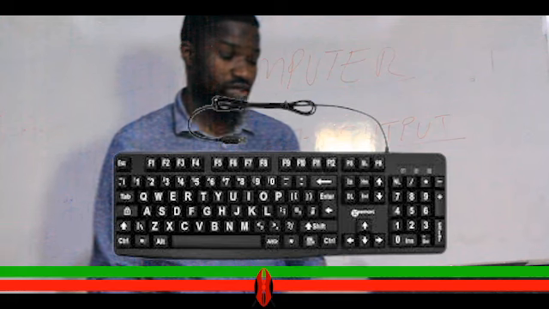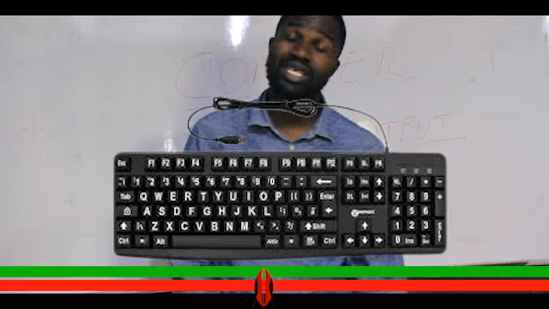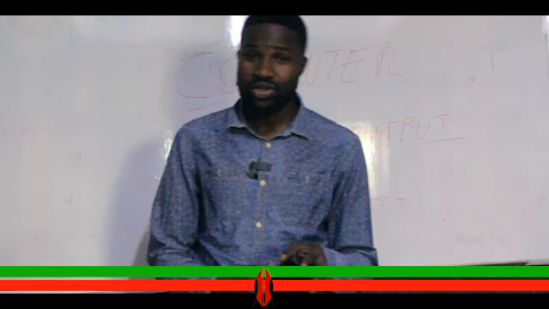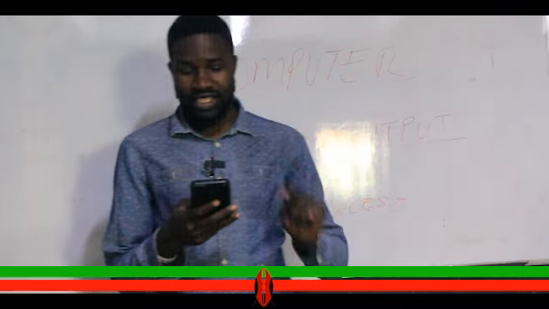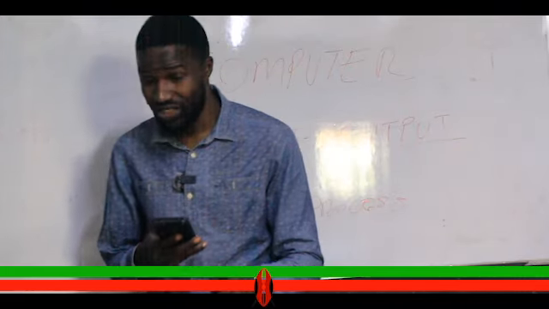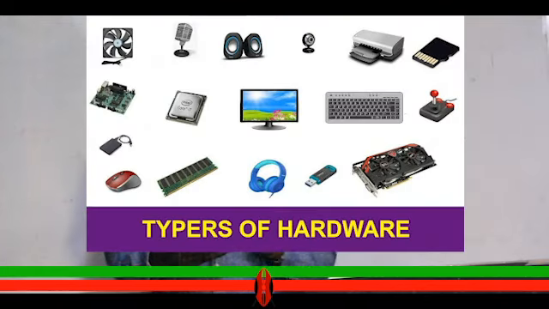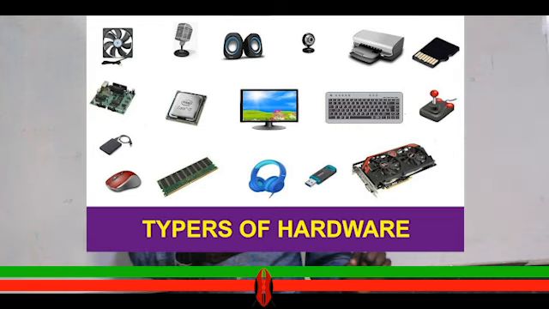The keyboard too is hardware because it is tangible. So, hardware: physical parts you can touch. There's no tough definition about hardware. Physical parts that you can touch in the computer are known as hardware.